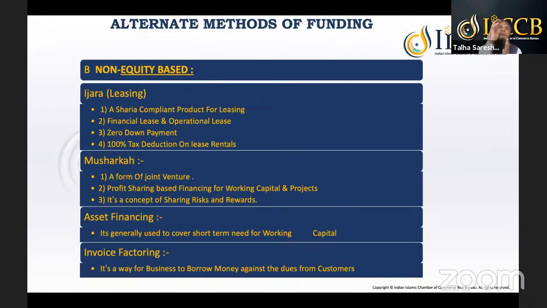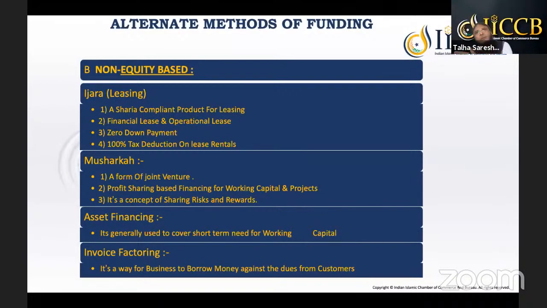So leasing, a basic example, in a car loan, if you take it on lease, the ownership lies with the lessor. You just pay the lease rentals for that, and at the end of the lease period, if you take the car back, it is called finance lease. And if the car is surrendered, it's called operational lease.